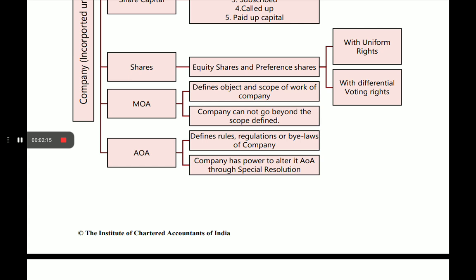Articles of Association define the rules, regulations or bylaws of the company. The company has power to alter the Articles of Association through a special resolution.